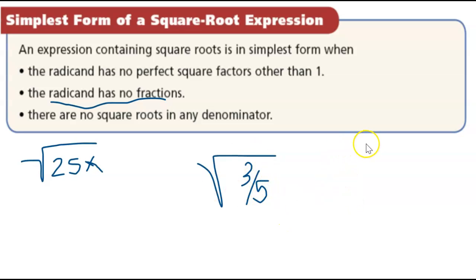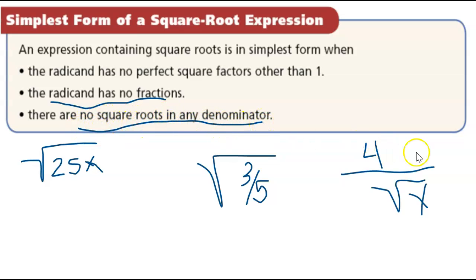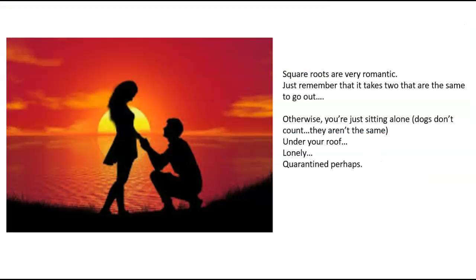How about if I had something like 4 over the square root of x? This is also not simplified. You can have no square roots in any denominator. You might want to write that stuff down. Pause this and write it down.